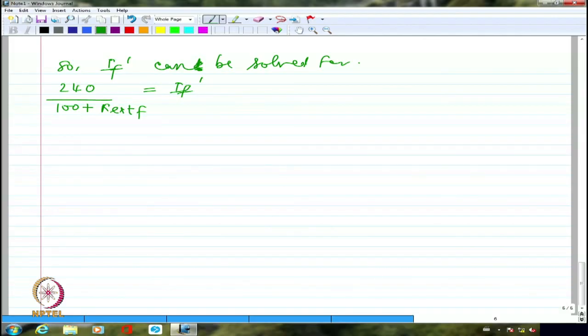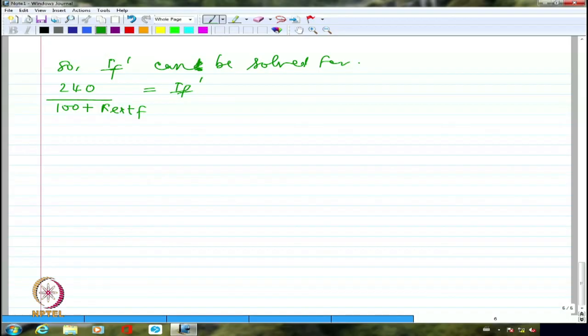So 100 minus IF dash will be your new IA. From that you will calculate the IA-RA drop, and you have the new value of EB. From the new value of EB, you can always calculate the speed. But the only thing you have to remember is I have to use K times IF dash, not K times IF. So I think the rest of the subdivisions will follow suit.